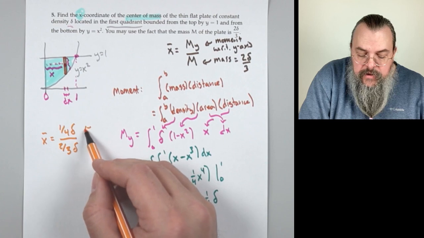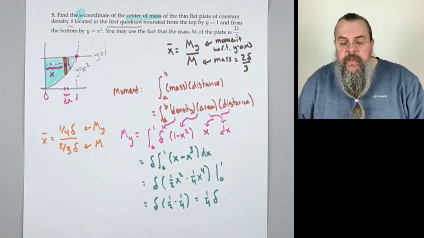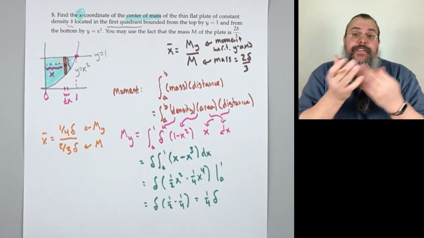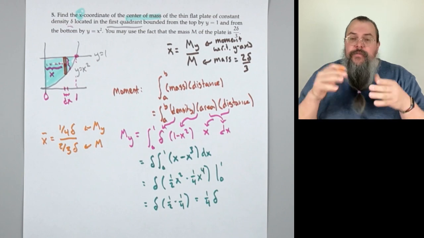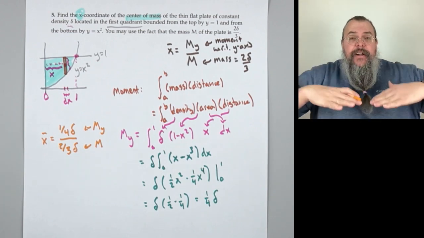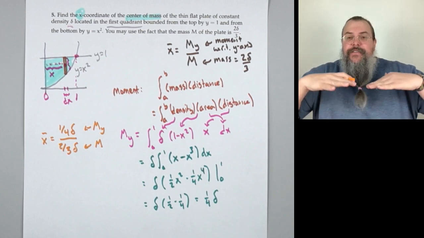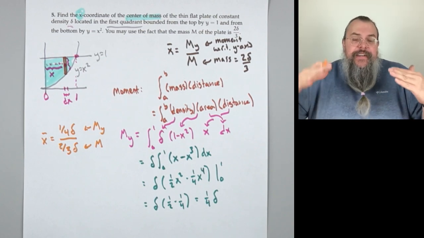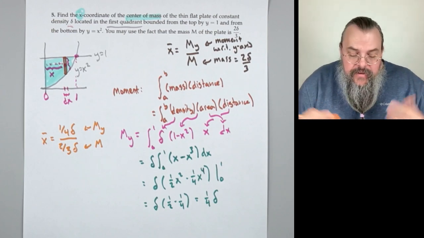So remember, we'll go ahead and write it again, m sub y, and this is m. Now you notice the deltas cancel. And that makes sense, because if I'm uniform density, it shouldn't matter how dense I am. That won't change my center of mass. So if my density is 1 and my density is 10, I won't have a different center of mass. So that's good. That makes sense.